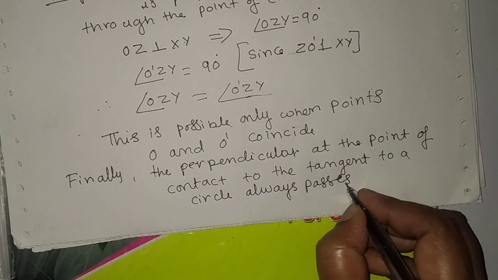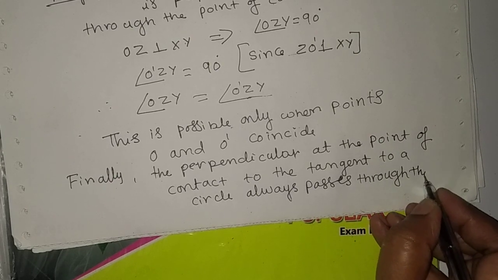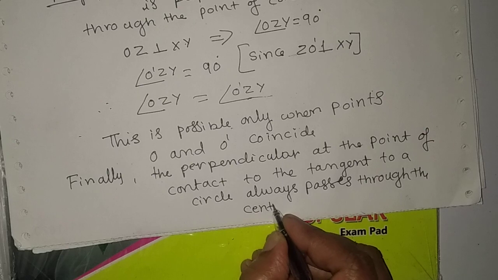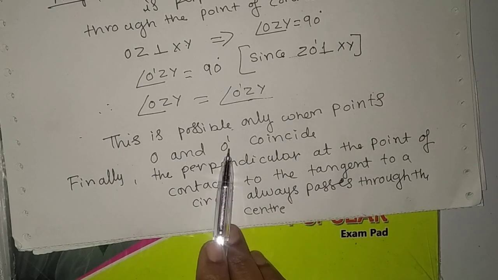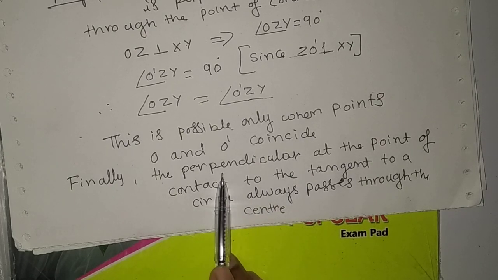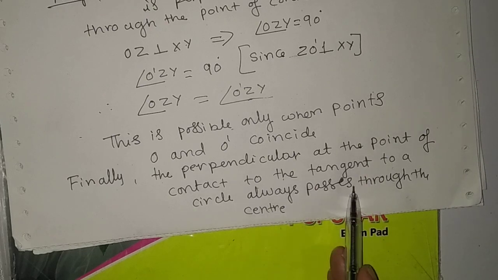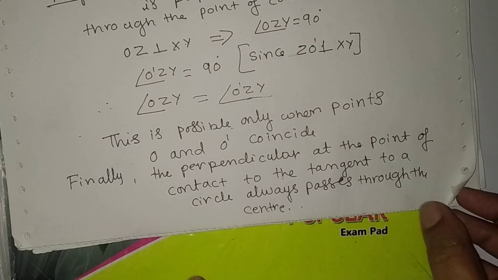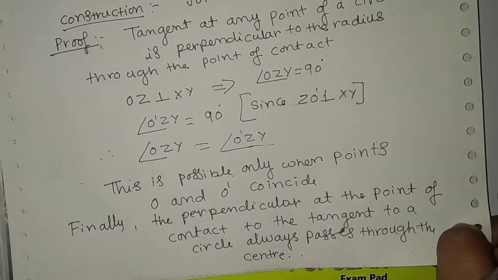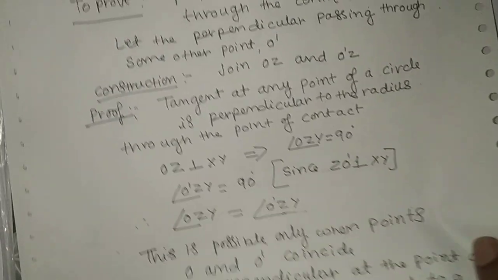This is possible only when the points O and O dash coincide. So this is the solution, and these are all the lines you have to write to prove this. We move on to the next problem, the sixth one.